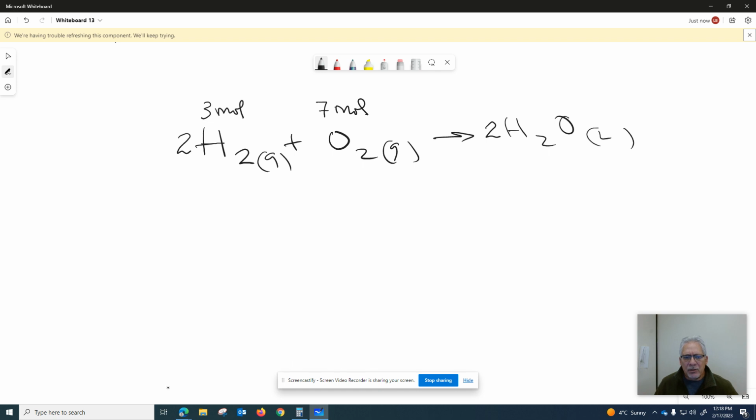What will be the substance, hydrogen or oxygen, that produces the least amount of product? Let's start with testing hydrogen. Based on the balanced chemical equation, 2 mole of hydrogen will produce 2 mole of water. This is a simple calculation, but let's try hydrogen.